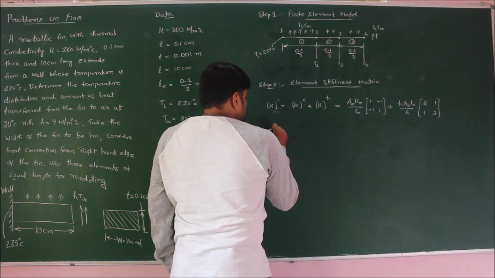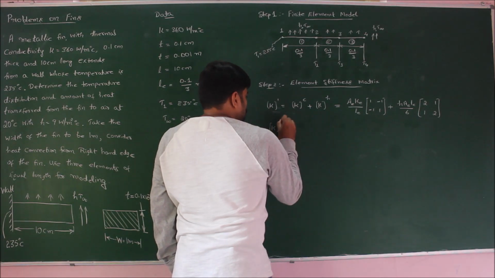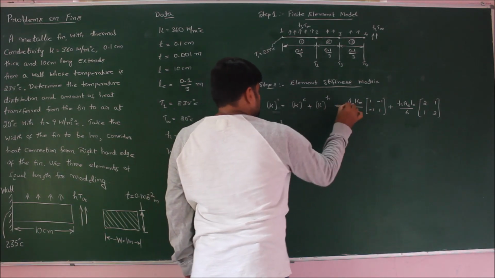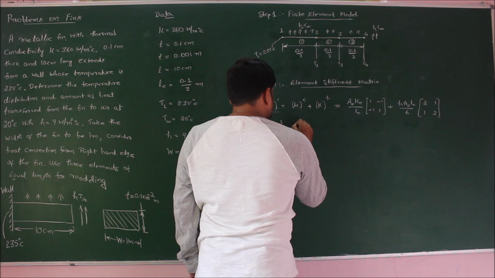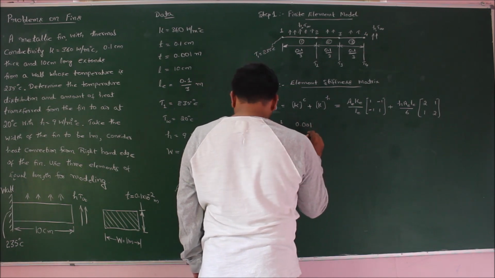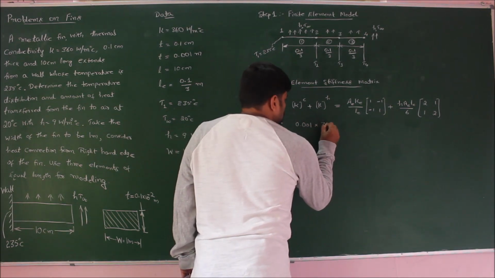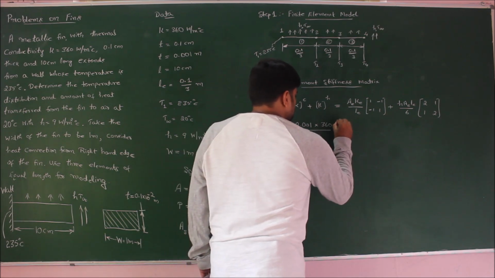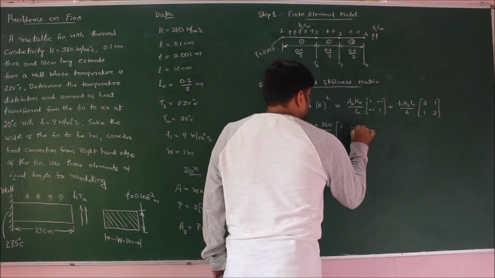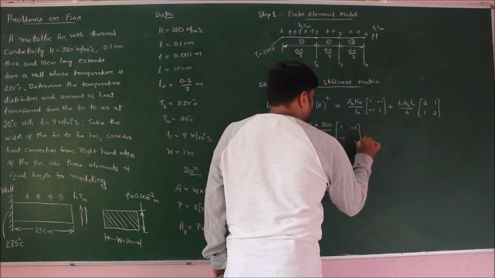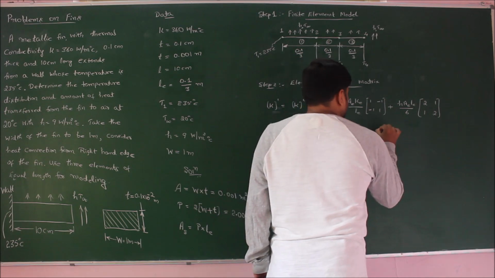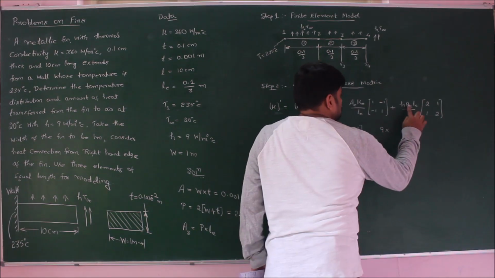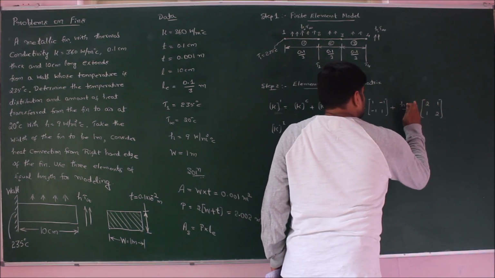Substituting the values, the element stiffness matrix for element 1 will be equal to the cross-section area of the element 0.001 meter square times thermal conductivity 360 divided by length of the element 0.1 by 3, times the matrix 1 minus 1, minus 1 1, plus the convective heat transfer coefficient 9. This is perimeter times length.